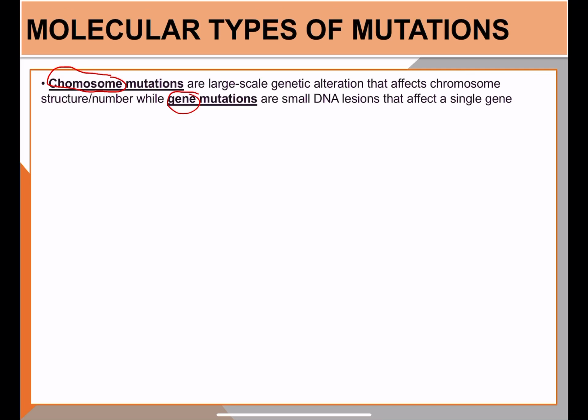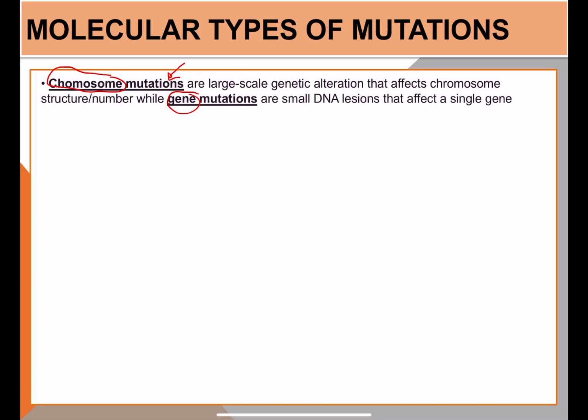Some we have to rely on computers for more detailed analysis of those banding patterns on those chromosomes, because there's only so much our eyes can do. But when it's a small banding pattern change, we rely on computers. But regardless, those are still considered large scale genetic alterations, and these are called chromosome mutations.